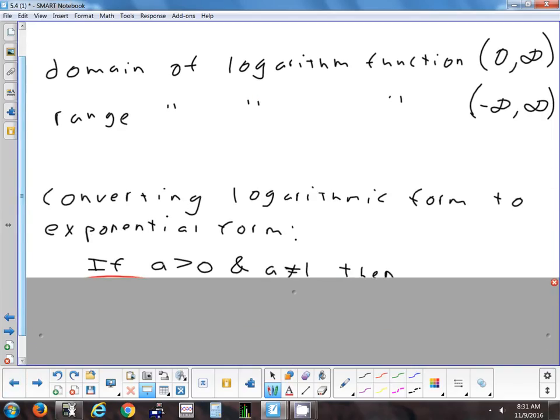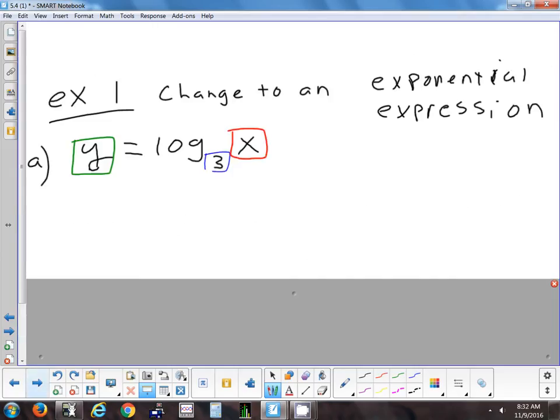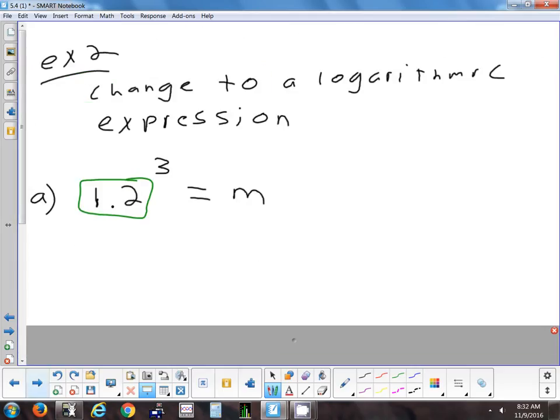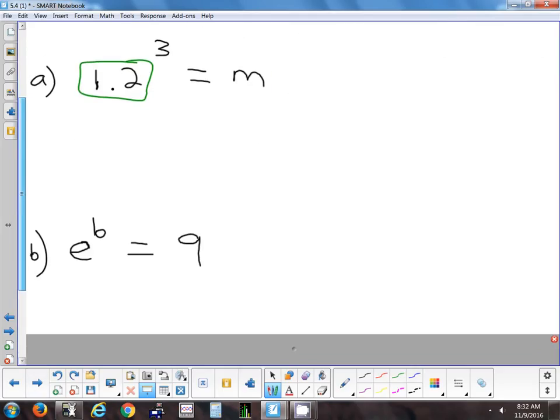All right, so next we're going to look at a formula that's going to allow us to change something that's written in exponential form into log form, or vice versa. So we'll be able to take a problem like this and change it into a problem that has a variable as an exponent. Or I can take a problem that has a variable as an exponent and change it back into something with a log.